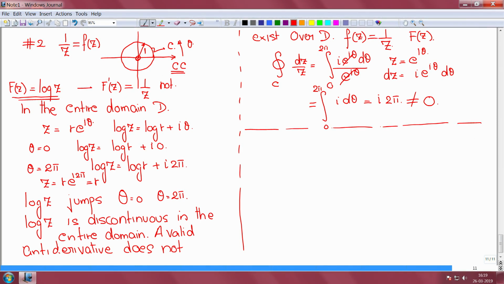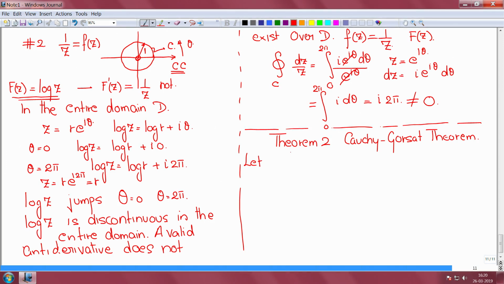Let us call it theorem 2, which is the Cauchy-Goursat theorem. Let me strictly go through the theorem and then we will see the implications. So let us begin.